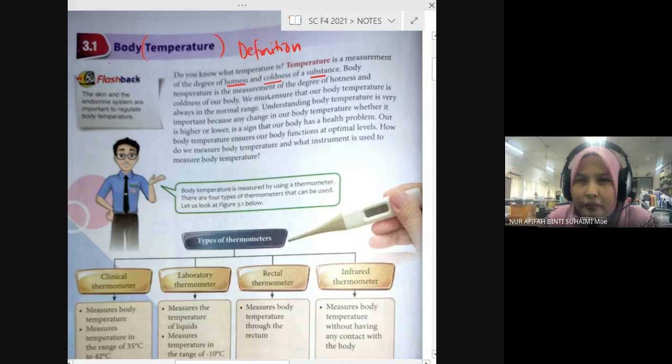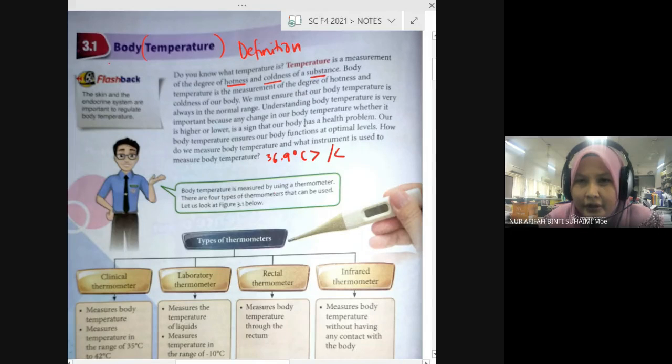We must make sure that our body temperature is always in the normal range. What is human normal temperature? Human body temperature is 36.9 degrees Celsius. What happens if our body temperature is higher or lower than 36.9 degrees Celsius?